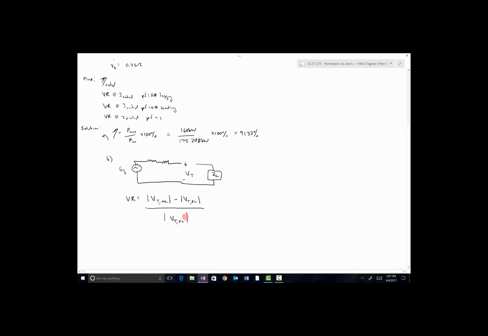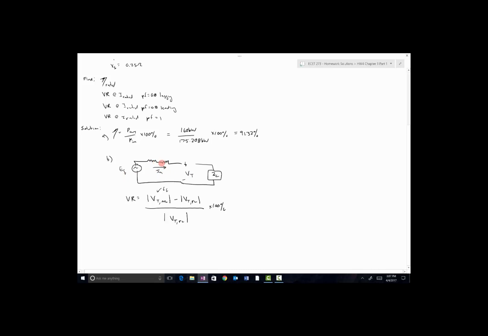So it's the percent change in voltage. Convert that to a percent by multiplying by 100. The no load voltage is also equal to EF. If IA is 0 here, that's a no load condition. EF and VT have to be the same because there's no voltage drop right here.